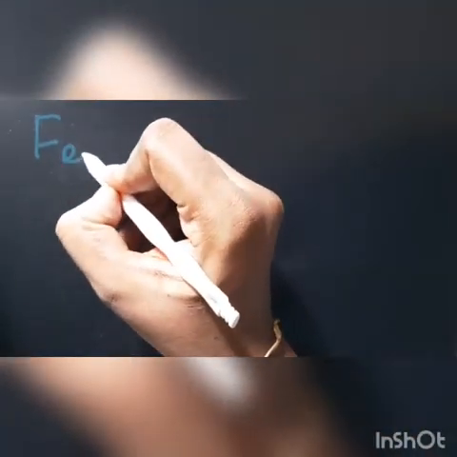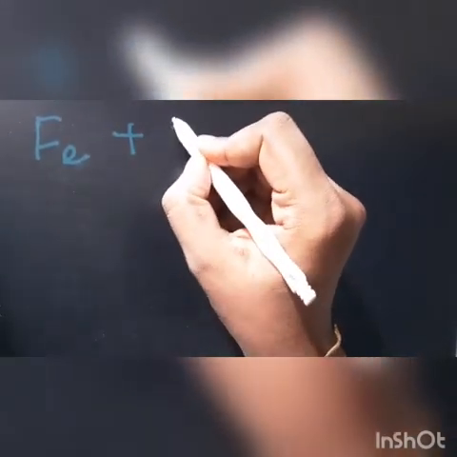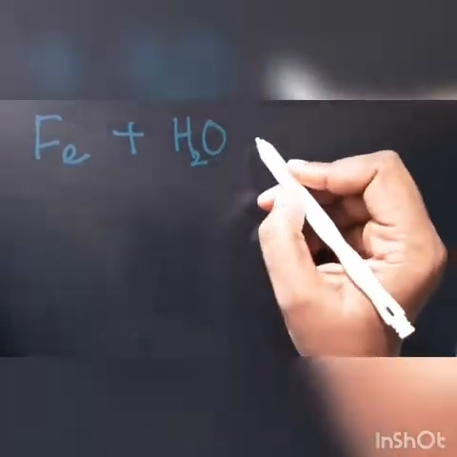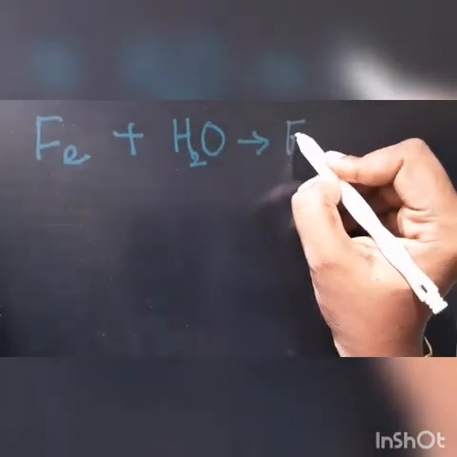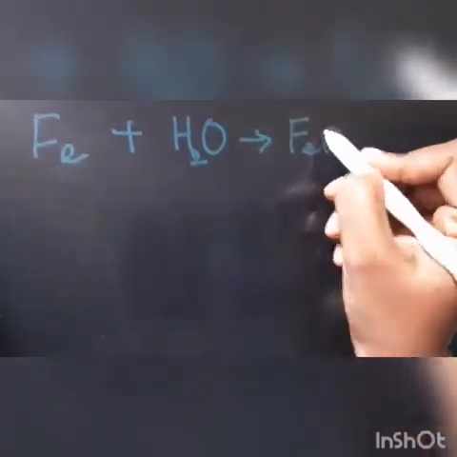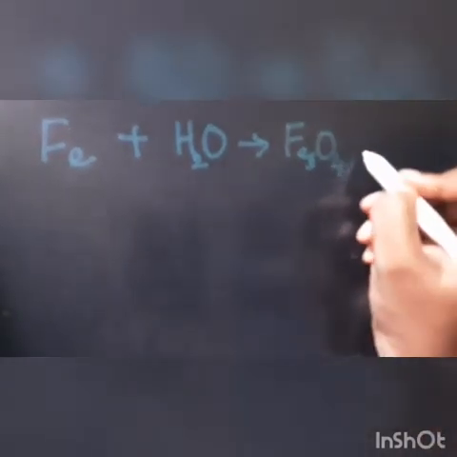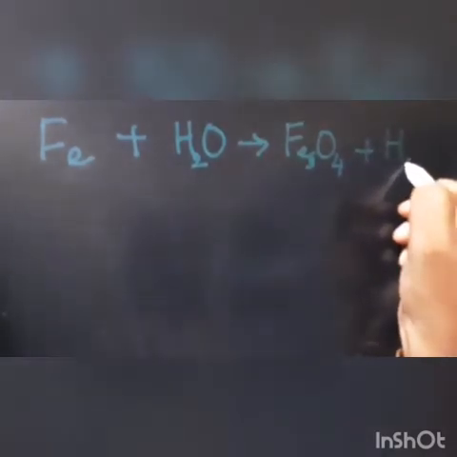Now let us consider another example in which iron is represented as Fe, plus water H2O. The reaction gives ferric oxide Fe3O4 plus hydrogen gas.